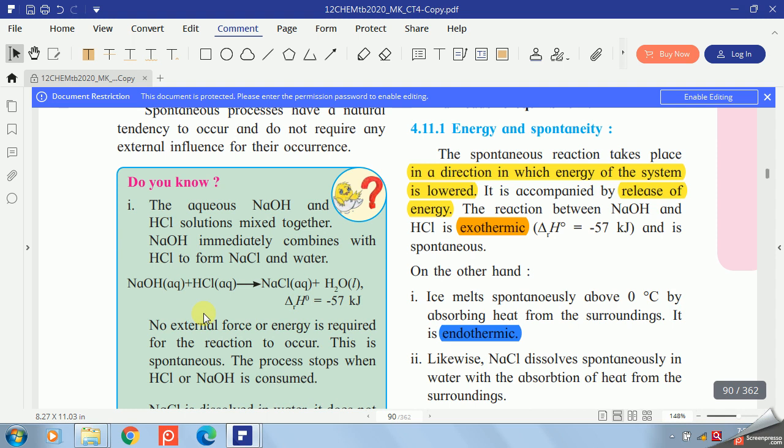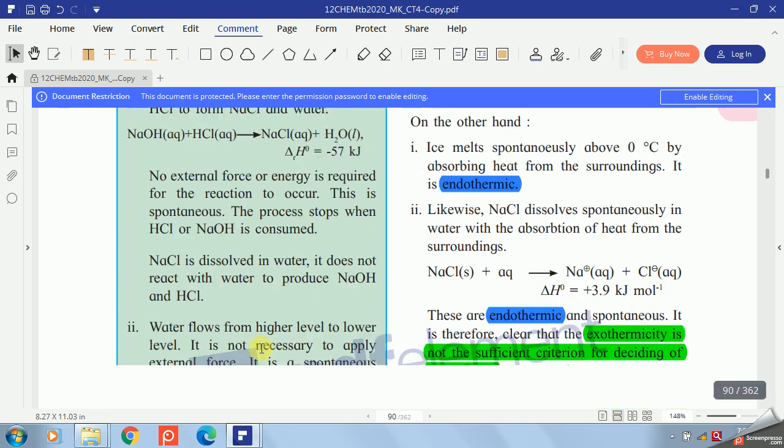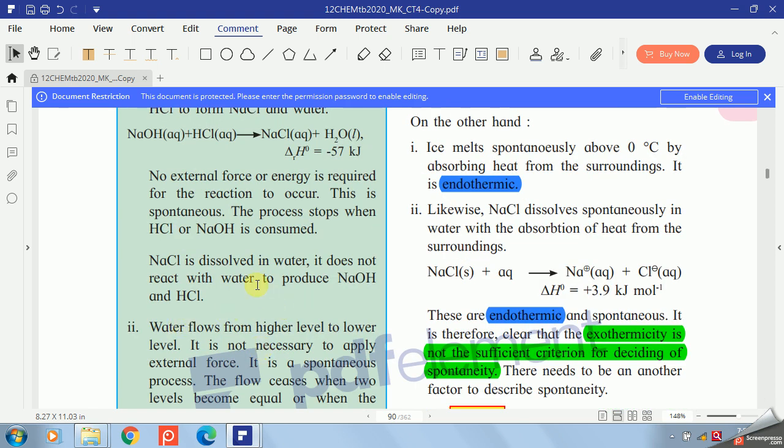If you simply mix these two chemicals, the reaction will occur, and no external force is required to carry out this process. That's why this reaction is spontaneous. There are different examples of such a type. All are familiar with the flow of water from higher level to lower level, which is also a spontaneous one.